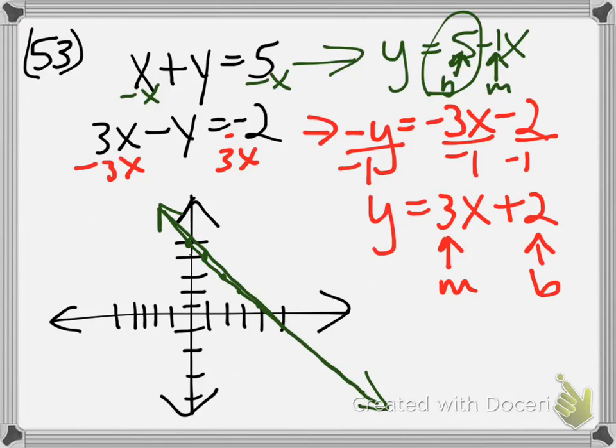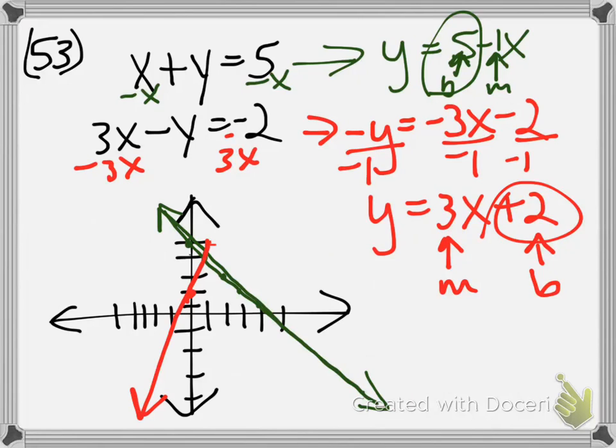There's the green line. The red one is going to start at a y-intercept of 2, and the slope is going to be 3, so I'm going to go up 1, 2, 3 over 1. I don't know why it is so hard to make these dots on here, but for some reason it is.